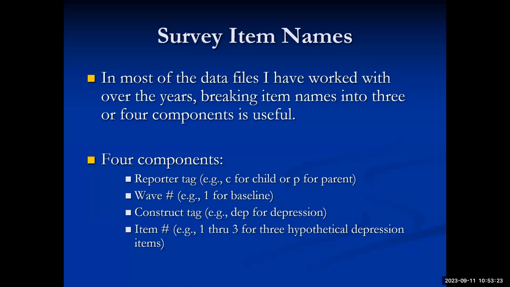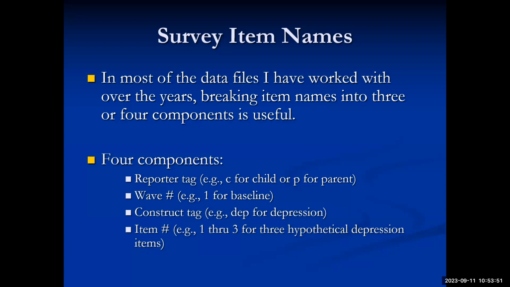Over the years, I've learned that either a 4 or 3 component item name is usually sufficient. People have different sort of preferences for this, but I give an example of the 4 components here, where one of the components is a reporter. And here we're going to say, okay, we're going to use C for child report, P for parent report. A second component is the wave of assessment.